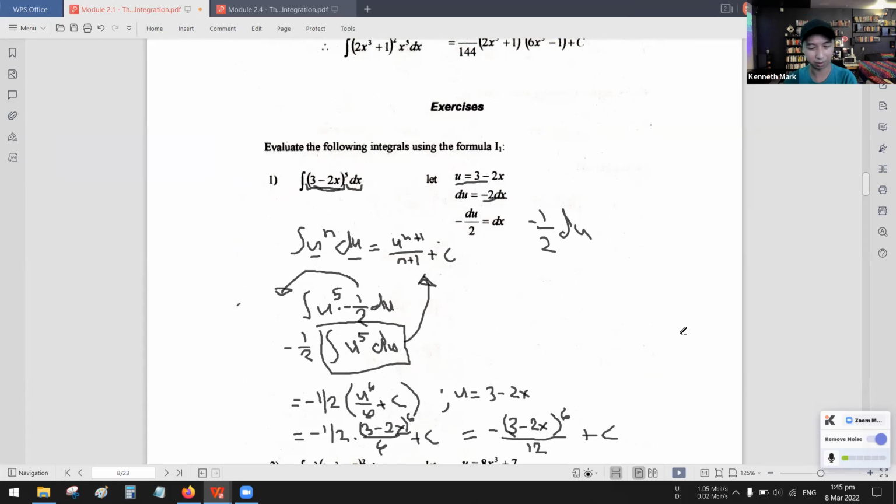Tama ba? Mali. Yung pag-solve natin. Wala? Wala bang naka-correct?